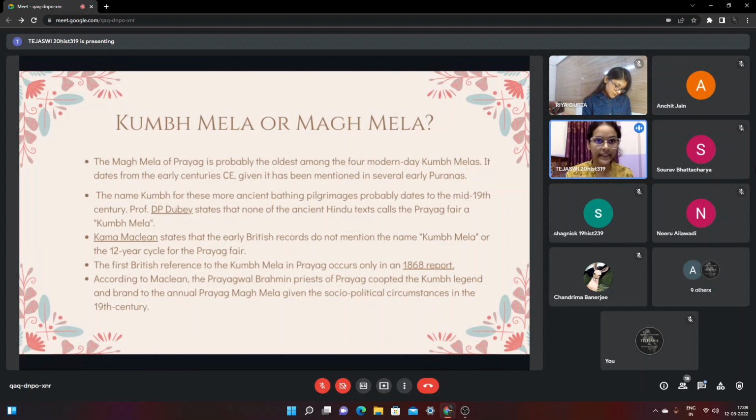So we see that these 4 places and 4 different melas are integrated under the brand of Kumbh for the purpose of revenue. And additionally, the priests sought the British administration to recognize this particular festival and to protect their religious rights.